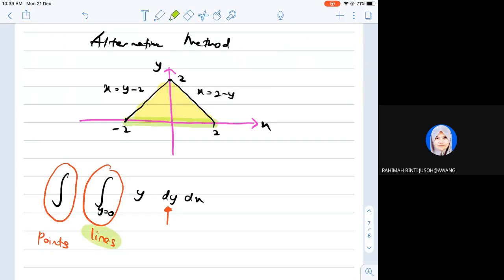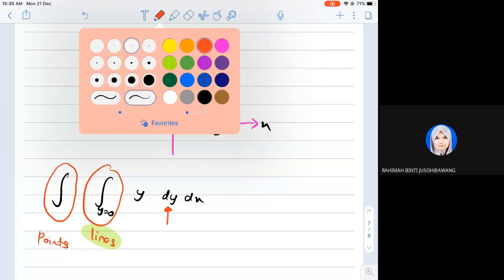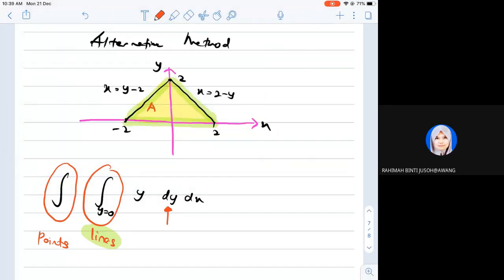Remember? It must be a line, and it must be a function. So which one do you want to take, this line or this line? Okay guys, so now what happened here is you have to divide this region into two parts, part A and part B.